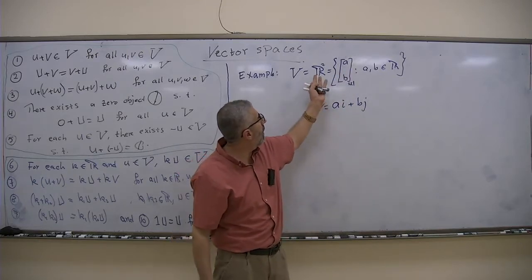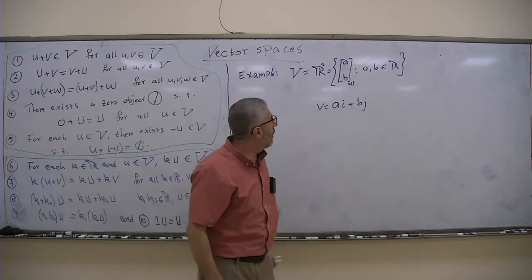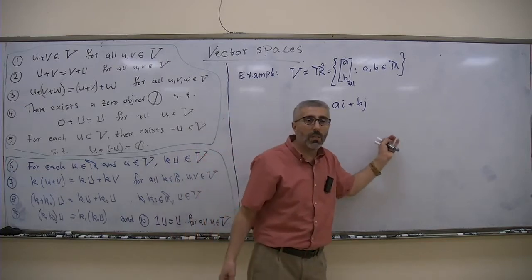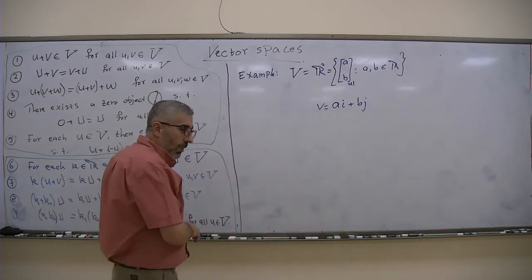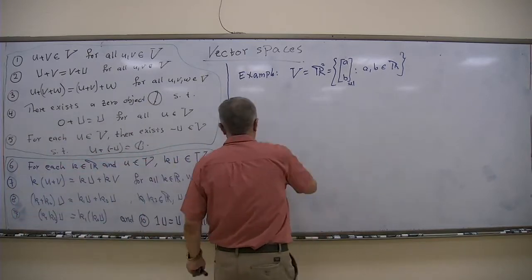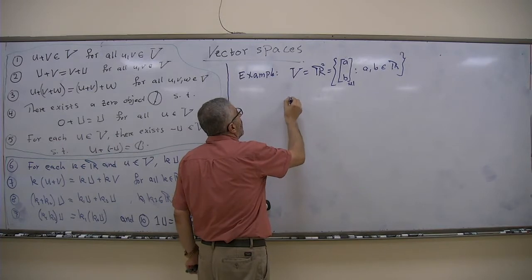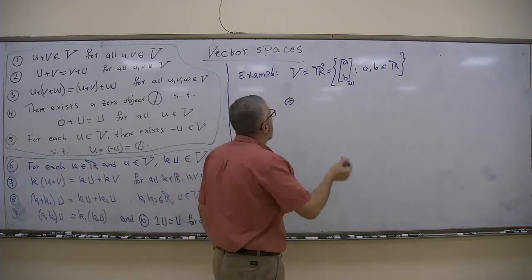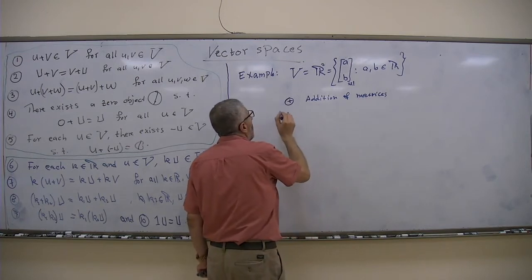Okay, and you will see in a minute why we find this convenient, because if we go to higher dimensions, we can keep going, but here, that is good for 2 dimensions, for R2 or for R3. Okay, so here, how to define addition? Addition of matrices. How to define multiplication by scalar?